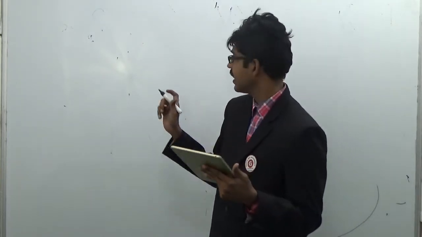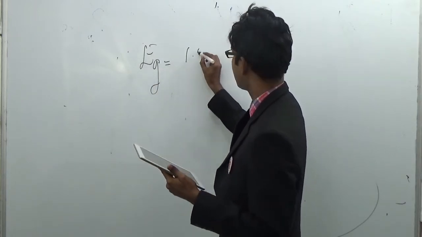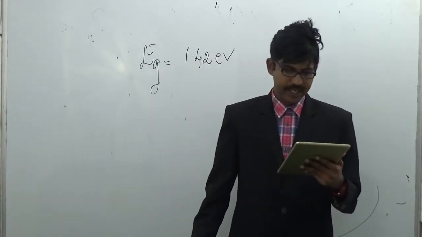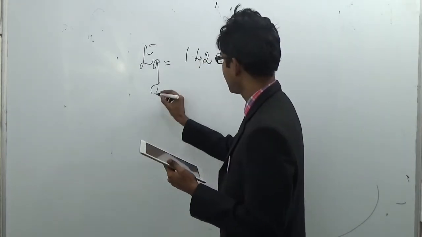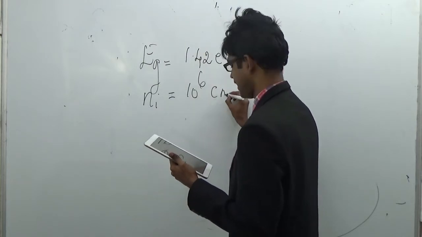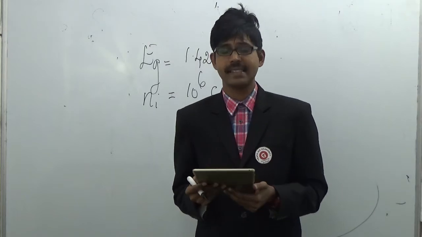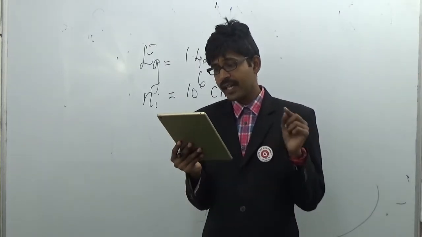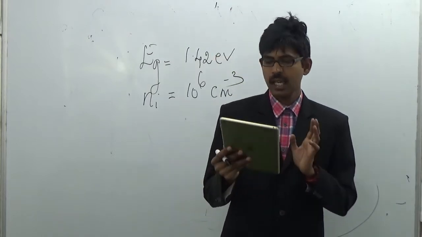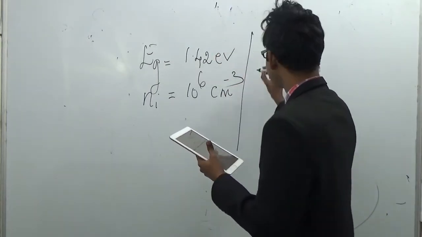So here it is given, band gap energy is given as 1.42 electron volt, and the intrinsic concentration Ni is given 10 to the power 6 per centimeter cube. In order to generate electron hole pairs in GaAs, which one of the wavelength ranges of incident radiation is more suitable? So you are given a range of wavelength.